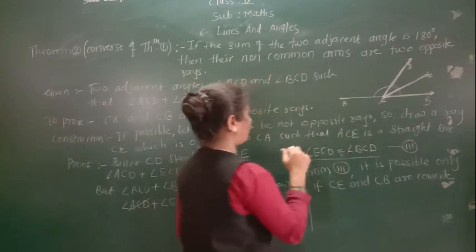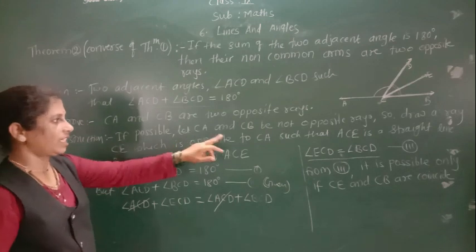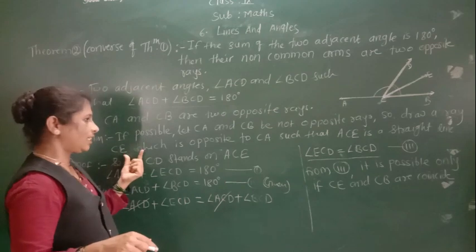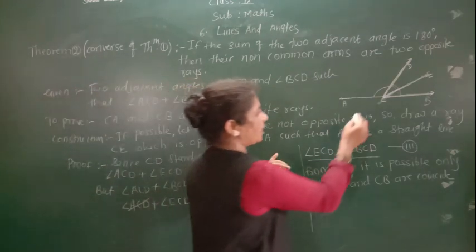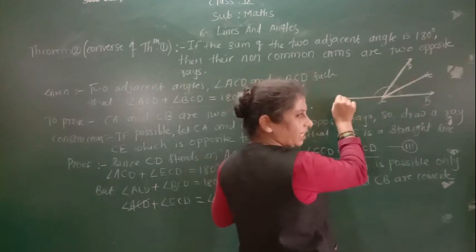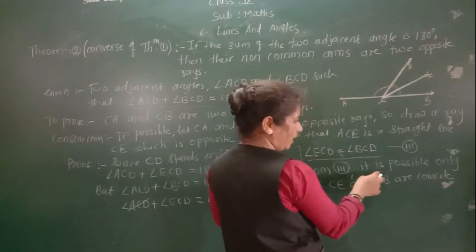Opposite to CA we have done the construction: if possible, let CA and CB be not opposite rays, so for that we have drawn another ray CE, which is opposite to CA. So now what is our statement?